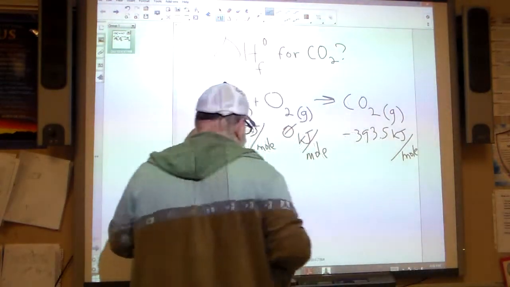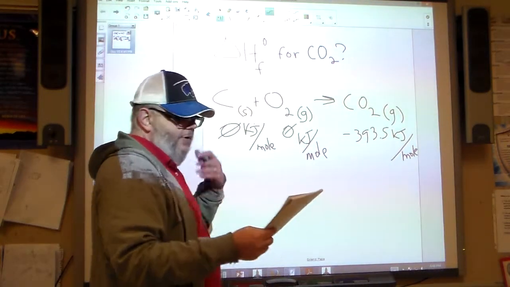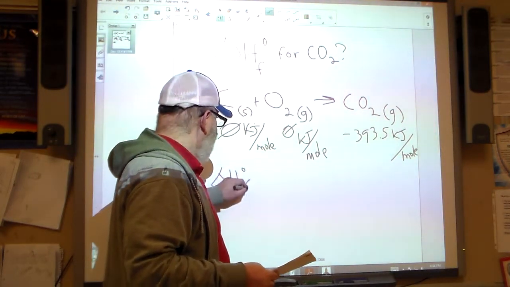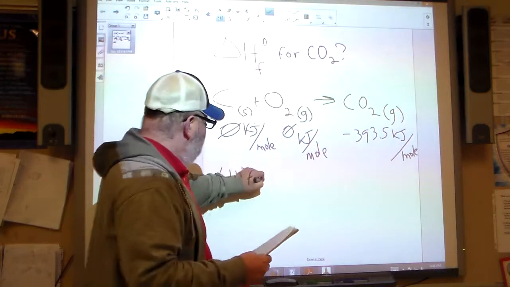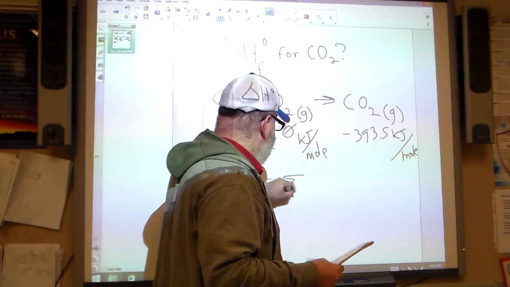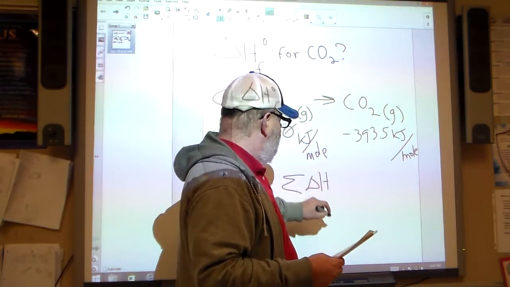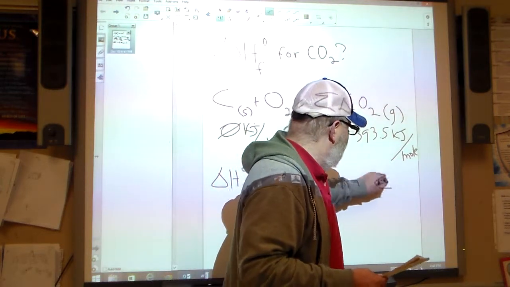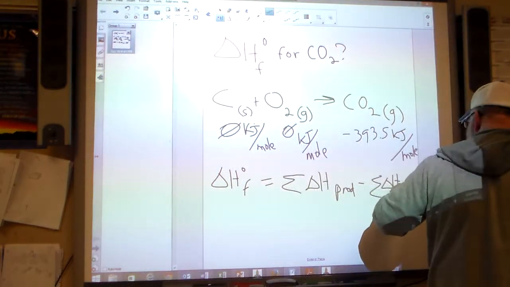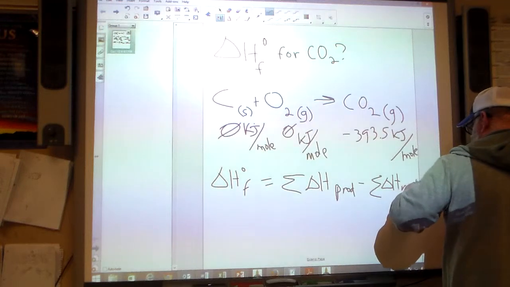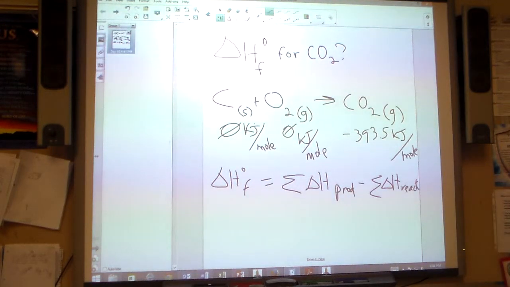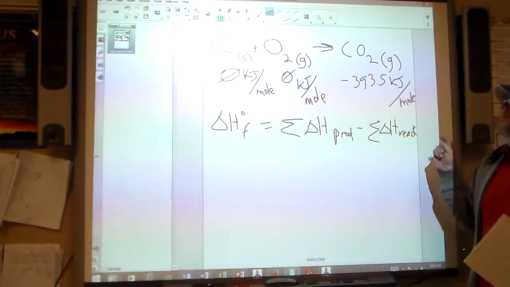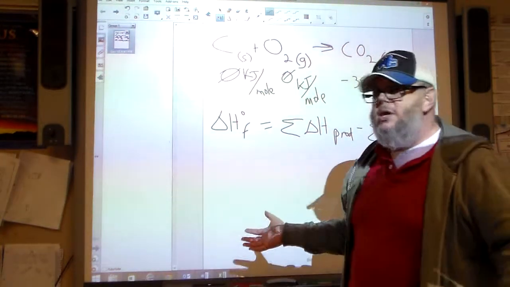We have ourselves a formula, where the delta H of the formation is equal to the summation of the delta H of our products minus the summation of the delta H of our reactants. We've got this information and this formula. All that needs to be done is plug this in.